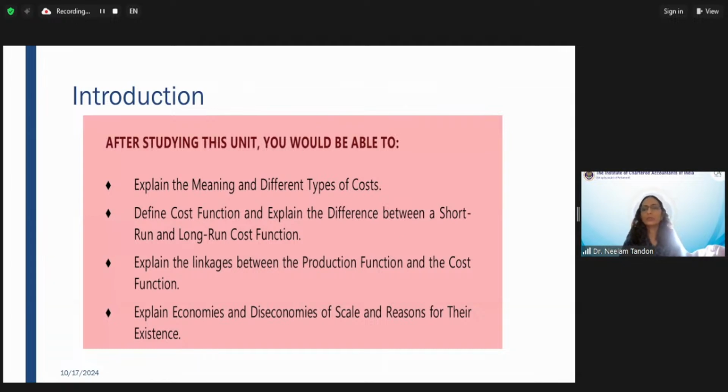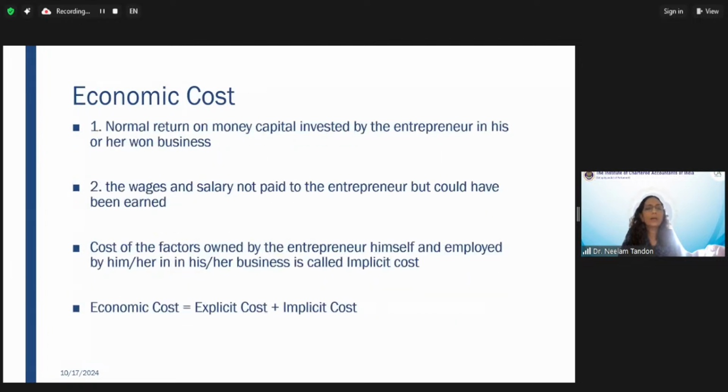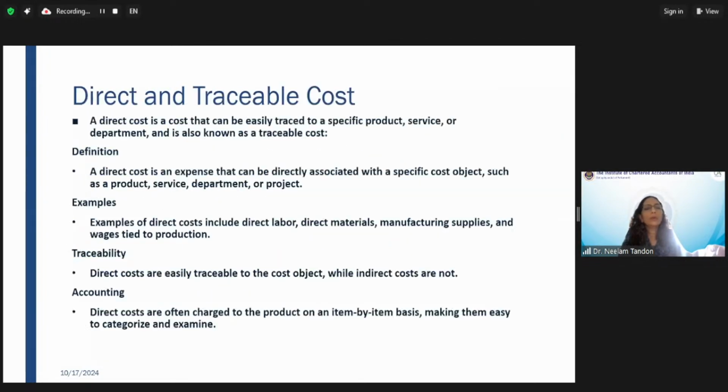Direct cost is the cost which is incurred on any factor. Direct and traceable cost we have done, but opportunity cost we have not done. Opportunity cost is to some extent close to implicit cost.